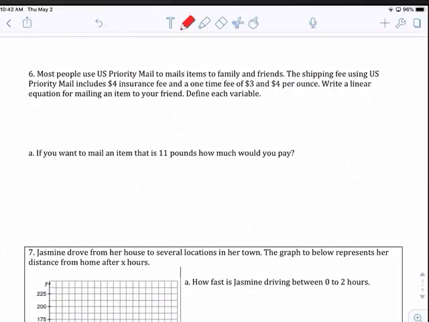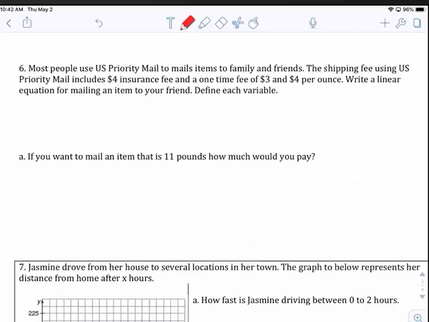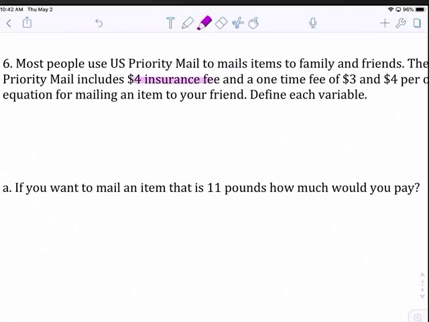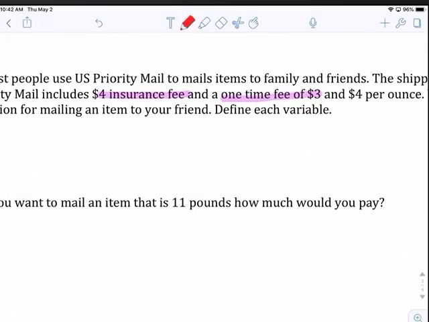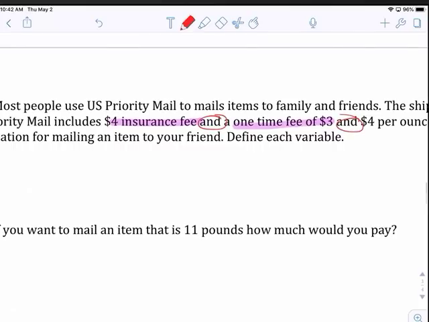Most people use U.S. priority mail to mail items to family and friends. The shipping fee using U.S. priority mail is a $4 insurance fee and a one-time fee of $3. And there's a couple ands here. How many ands do we see? 1, 2.